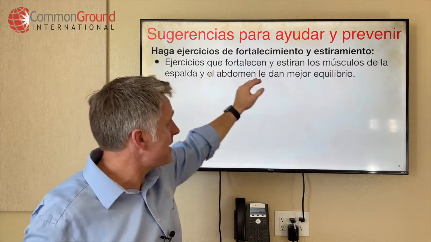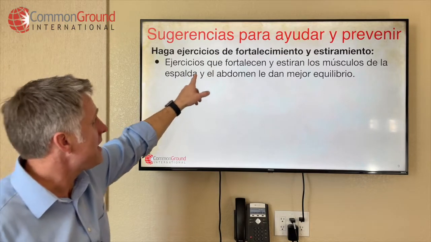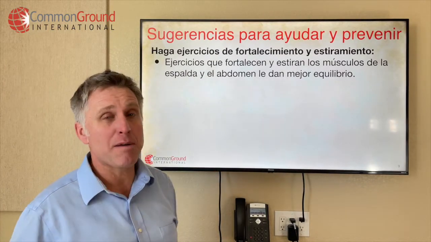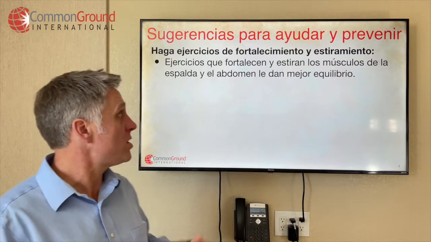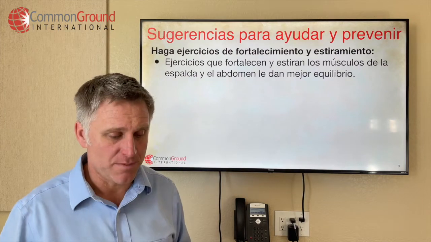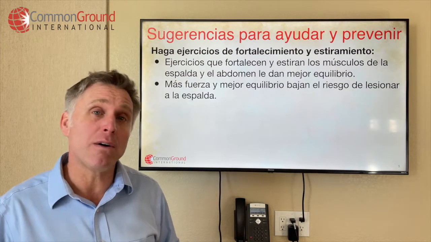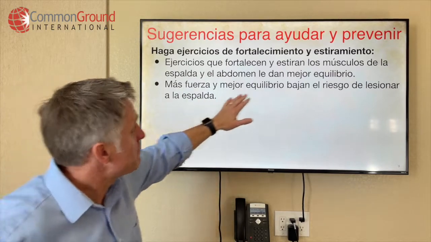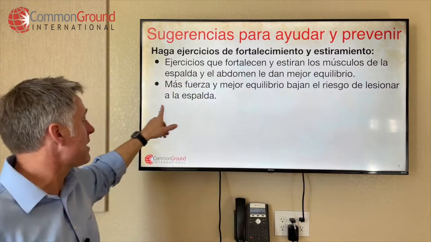Ejercicios que fortalecen y estiran, stretch, los músculos de la espalda y el abdomen le dan mejor equilibrio. So exercises that strengthen and stretch your back muscles and abdomen give you better balance. Más fuerza, more strength, y mejor equilibrio and better balance, bajan el riesgo, lower the risk, bajan el riesgo de lesionar la espalda.